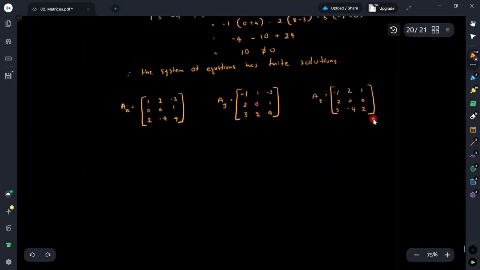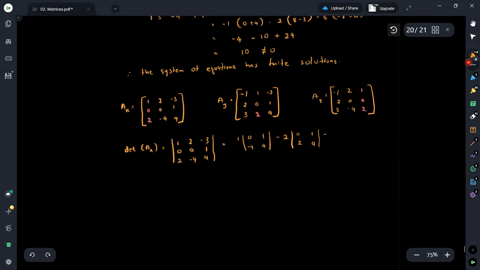Then we can obtain the determinant of these matrices first. First we need to obtain the determinant of matrix Ax, which is 1, 2, minus 3, 0, 0, 1, 2, minus 4, and 4. It is 1 times the determinant of 0, 1, minus 4, 4, and minus 2 times 0, 1, 2, and 4.